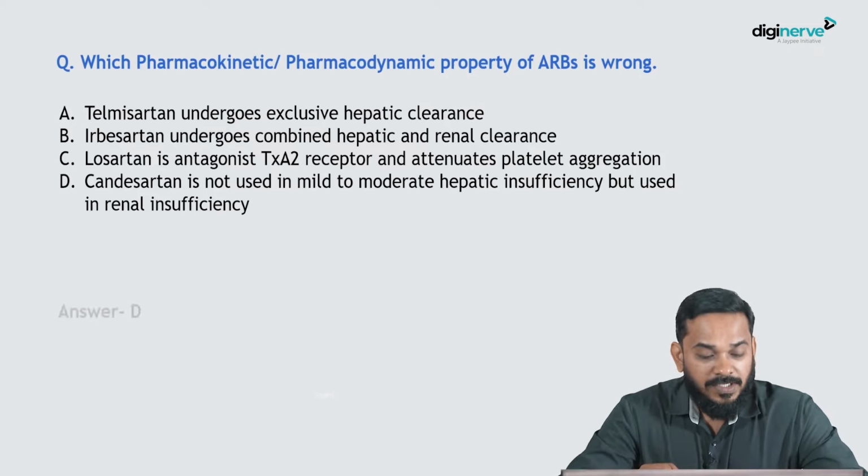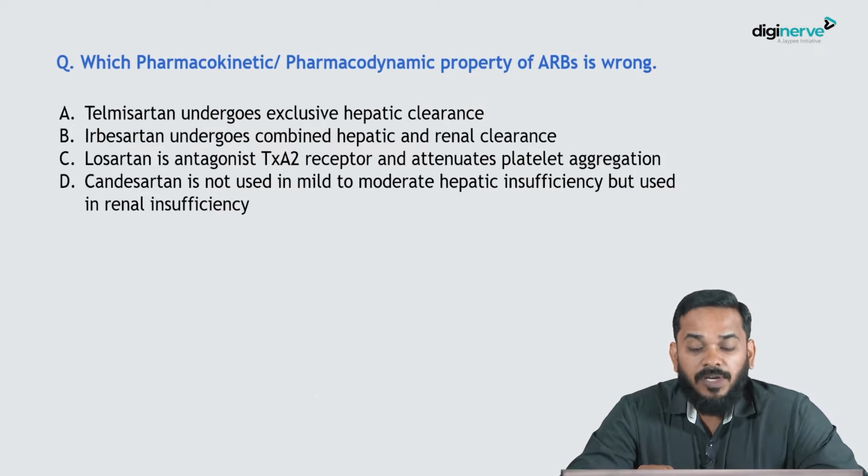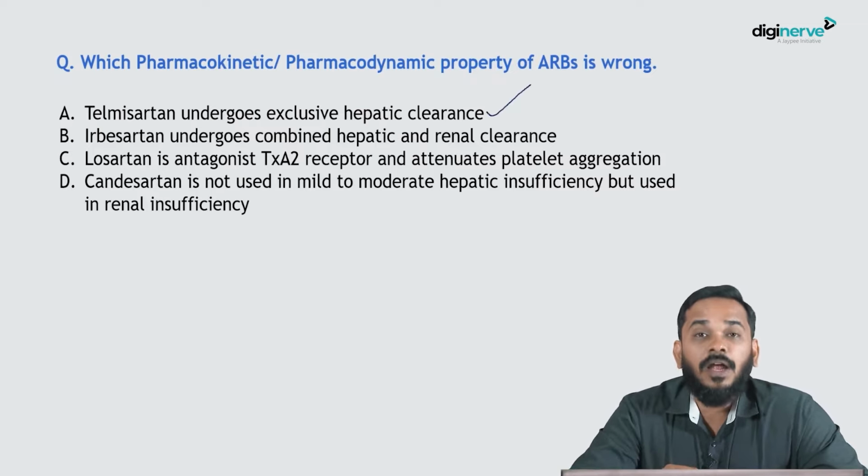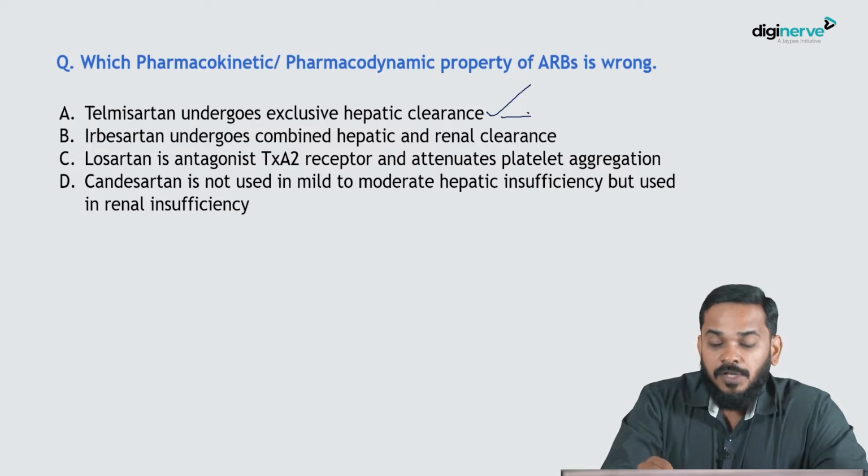Which pharmacokinetic or pharmacodynamic property of angiotensin receptor blockers is wrong? Telmisartan undergoes exclusive hepatic clearance. That is correct. Telmisartan undergoes extensive metabolism, so no dose reduction is required in renal failure.